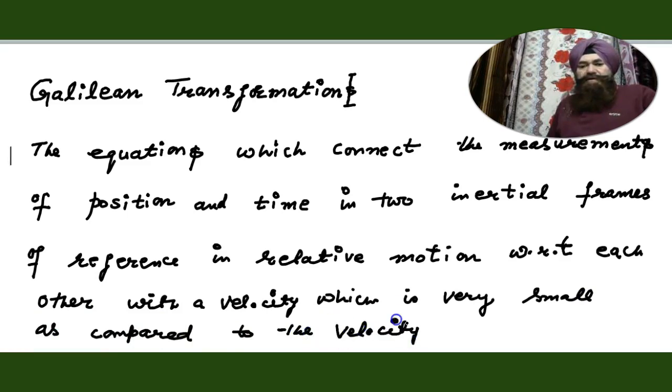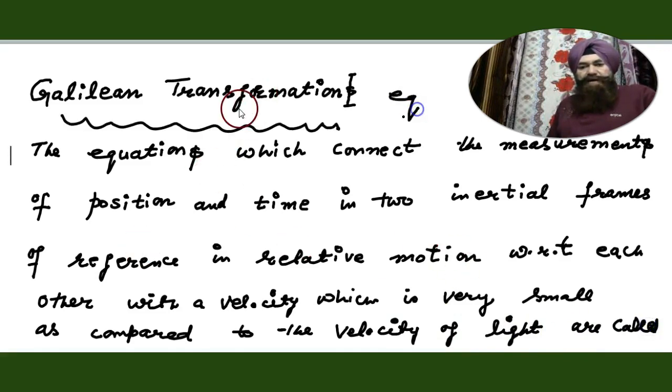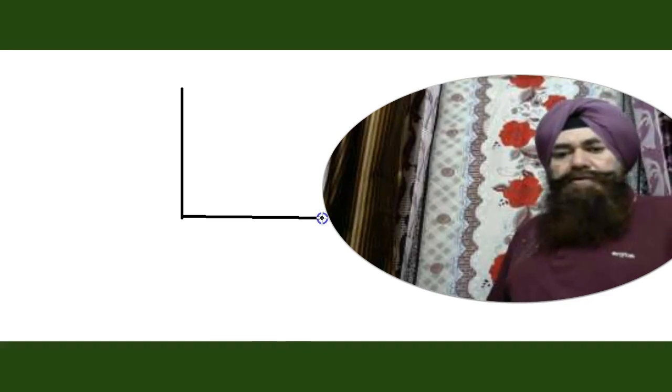It should be very small, small as compared to the velocity of light, when you discuss the Galilean transformation equations. So there should be two or more frames in relative motion, but the main important thing is the relative velocity should be this small.